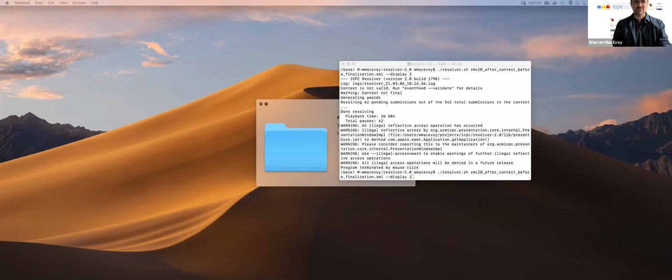So I'm trying to see if I can find a command line option that lets us jump to the place we want. Display.